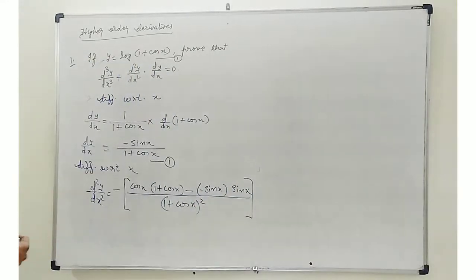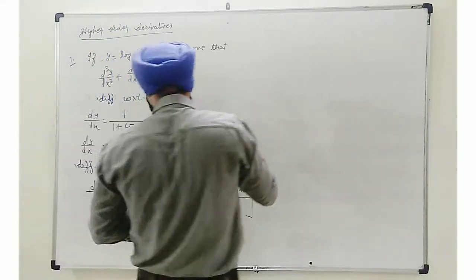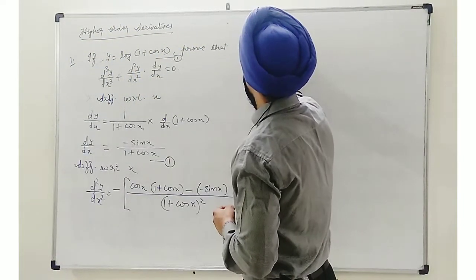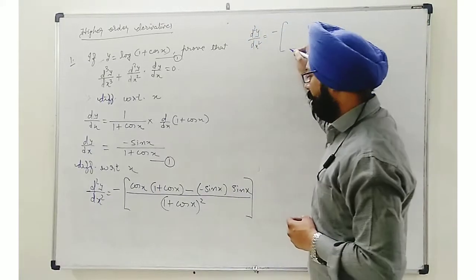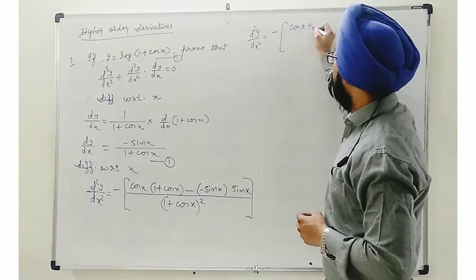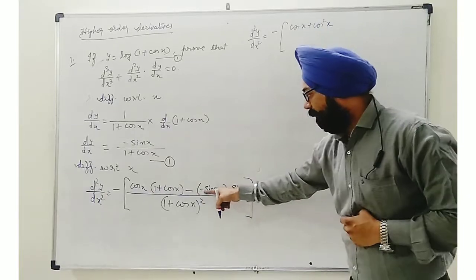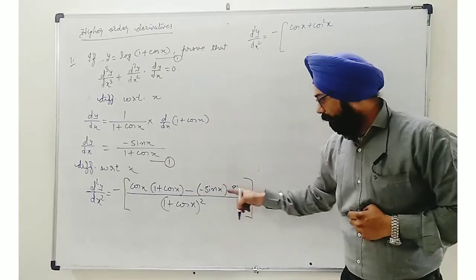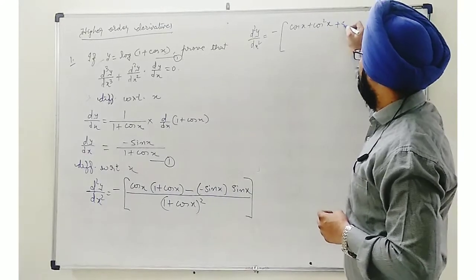First we will simplify this, multiplying cos x in the bracket and this sin x also. Here we get d square y by dx square and minus sign outside as it is. Cos x will multiply in the bracket, we get cos x plus cos square x, and sin x into sin x with minus sign. This will be minus sin square x, but because of this minus we will get plus sin square x.